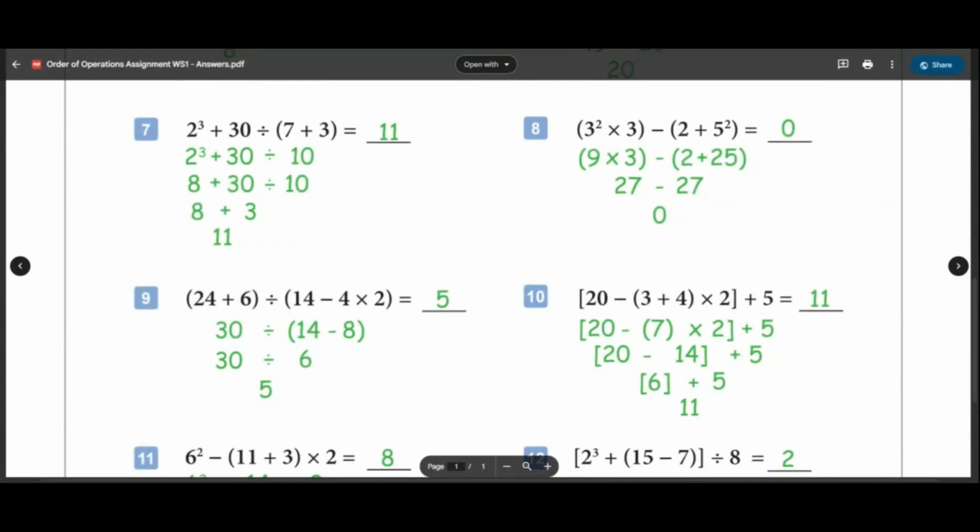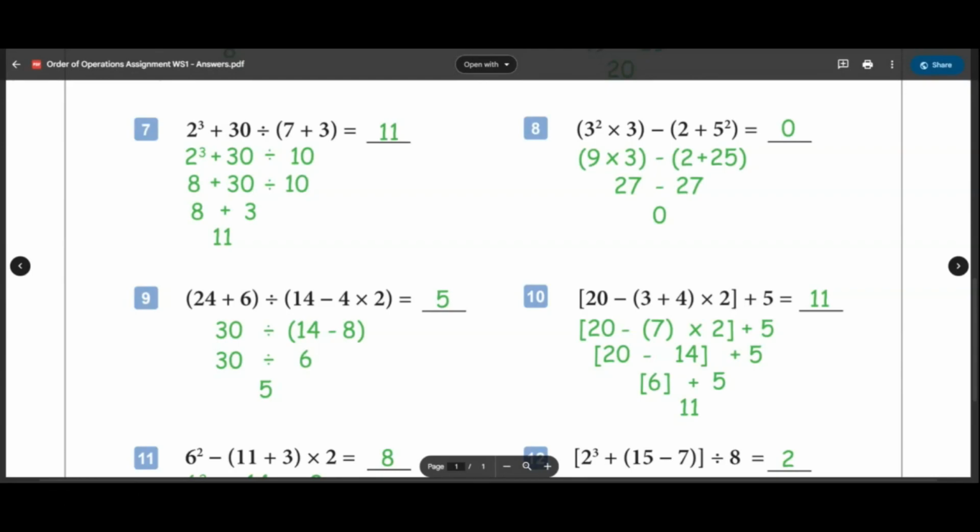On number 7, we have 2 cubed plus 30 divided by parentheses 7 plus 3 equals. So we need to remember our acronym. Please excuse my dear Aunt Sally. P parentheses, E exponents, M and D multiplication or division as you come to it, A and S addition or subtraction as you come to it.